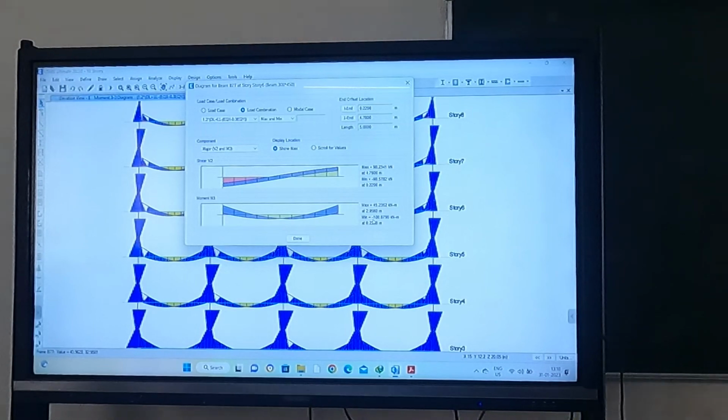So this again we expect, earthquake is reversible, so it will give maximum and minimum. At which point we are getting maximum? Maximum 45 at 2.95 meter.